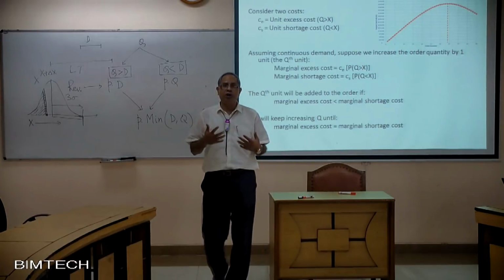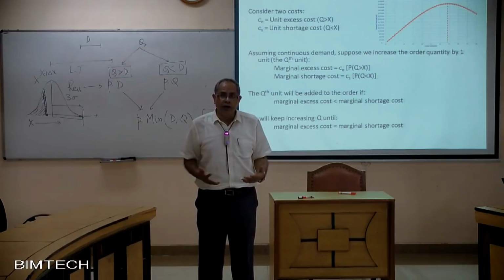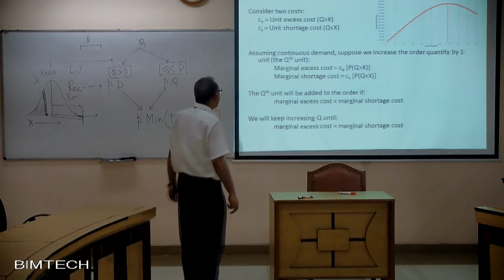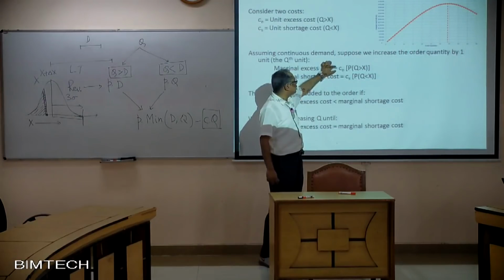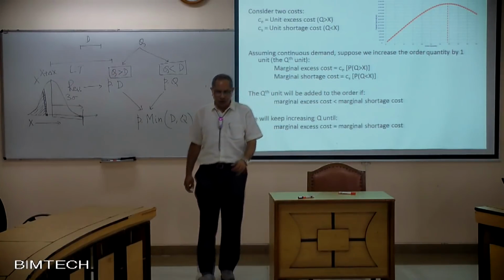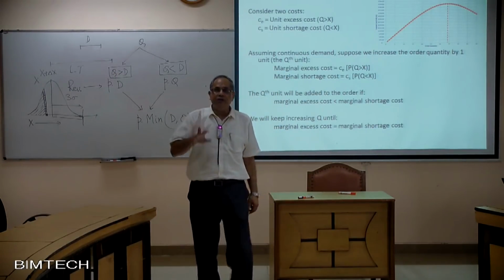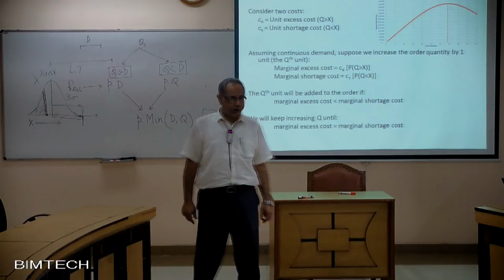You go short because you are falling short of the total demand. Okay? So we are going to now talk of these two costs, the marginal excess cost of the qth unit and the marginal shortage cost of the qth unit, and we are going to compare the two marginal costs.